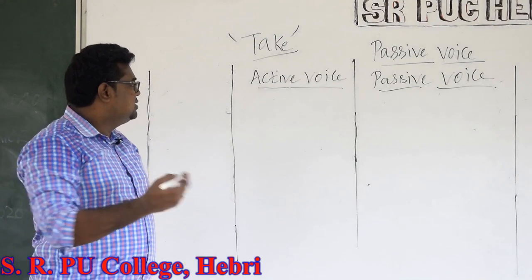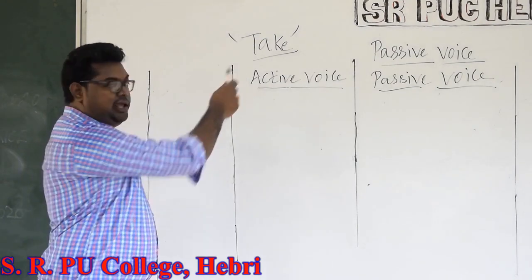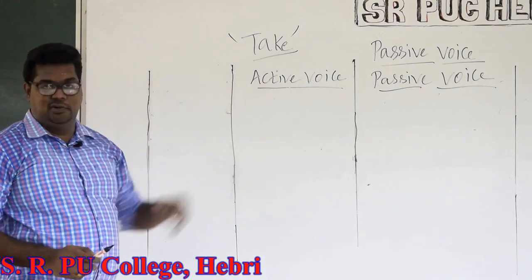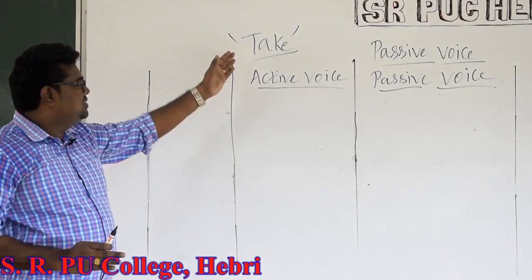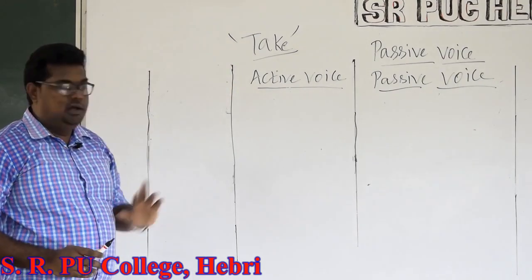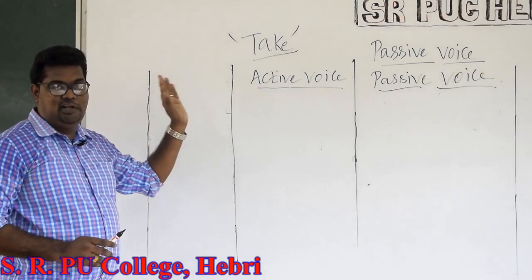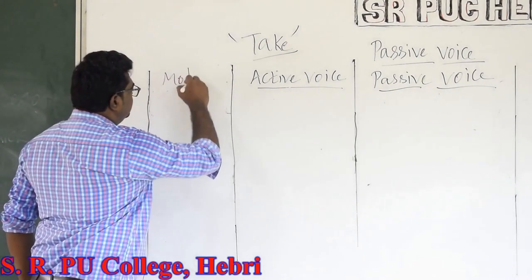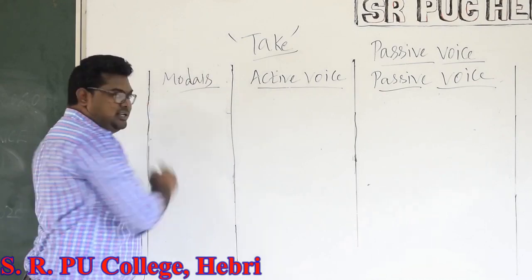Now we have finished discussing how the main verb take changes from active to passive voice according to different tenses. Now let us have the same example, the verb take. Instead of tense, we shall replace that with modals. Now what is a modal?